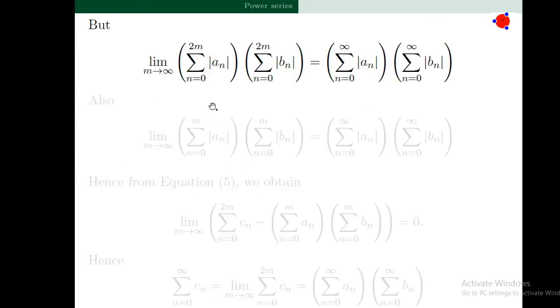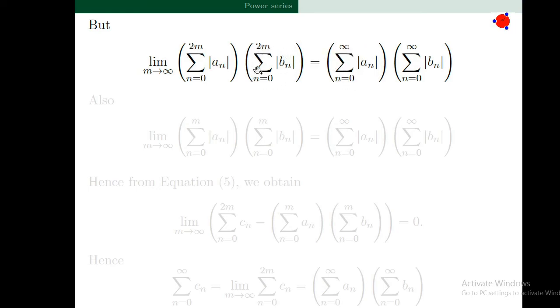Now, when m tends to infinity, consider the first term of equation 5, that is summation n is equal to 0 to 2m mod an into summation n is equal to 0 to 2m mod bn. Note that the series sigma mod an is a convergent series. Therefore, the sequence of partial sums converges to the sum summation n is equal to 0 to infinity mod an. Therefore, the limit of the first sequence converges to this.